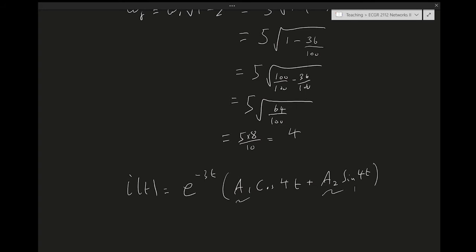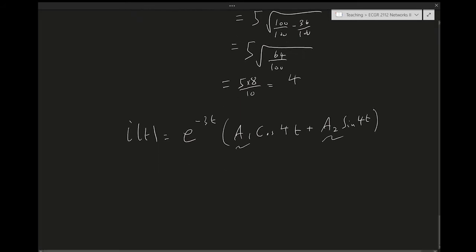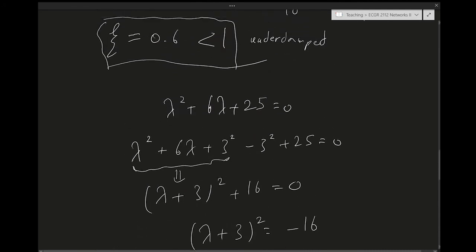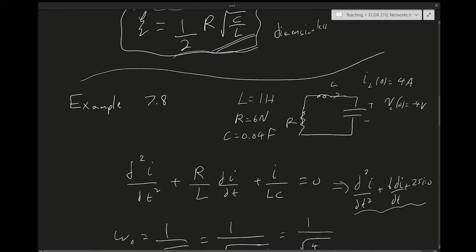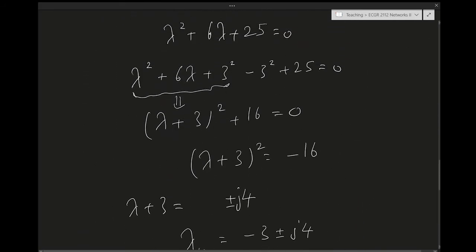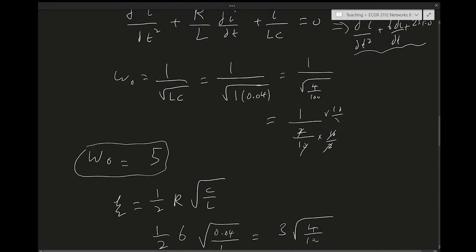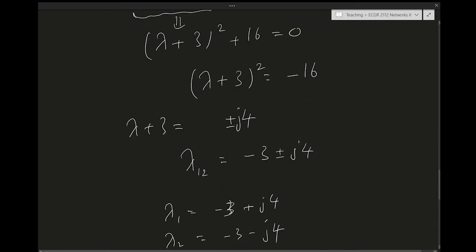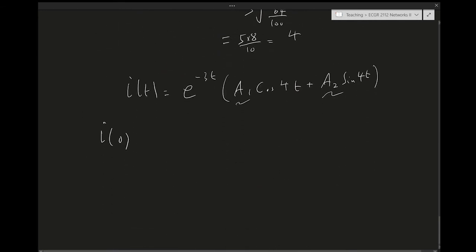Right, the first initial condition we could apply is the current initial condition, right? So we know that I0 equals what? I0 equals, we have it here, I believe. I0 equals 4 amps and VC0 equals minus 4 volts. Let's start with I0. So that tells me that 4 amps, e to the power 0 is just 1.